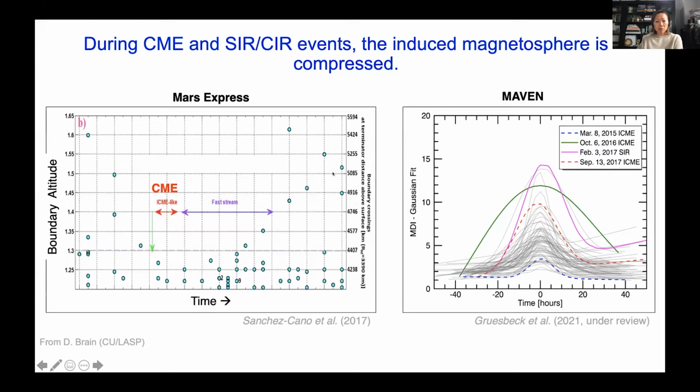So things are pushed down before it relaxes back out. On the right-hand side, showing MAVEN observations, in particular, the magnetospheric disturbance index, MDI, developed by Jacob Gruesbeck et al. Basically, this is showing that when there are CME events and also CIR, SIR events, there's compression in the magnetosphere.